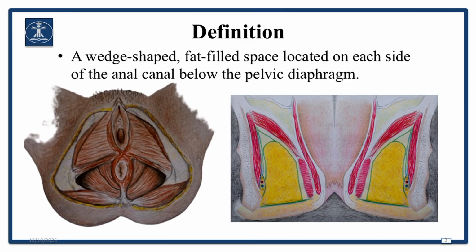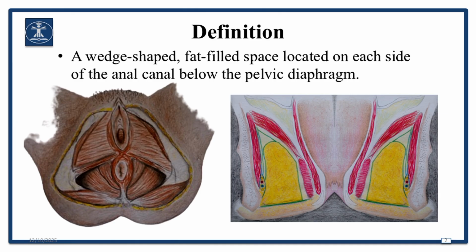These two images are showing the Ischioanal Fossa. In the image on the right-hand side, the area painted yellow is the Ischioanal Fossa, and the yellow paint signifies one of the contents of the Ischioanal Fossa.